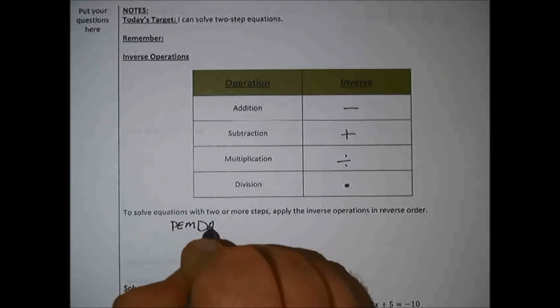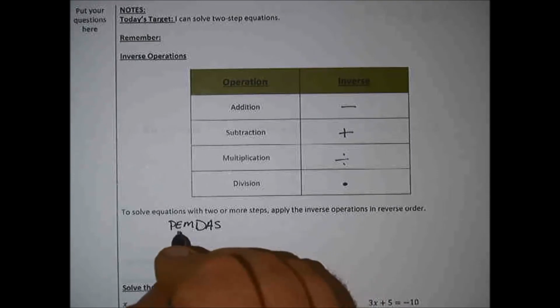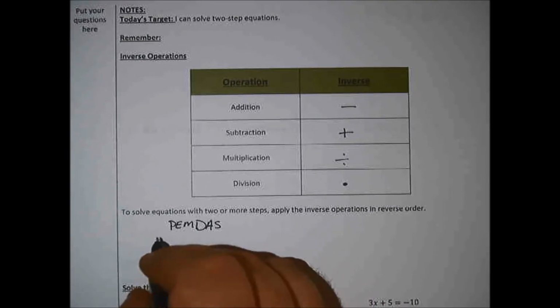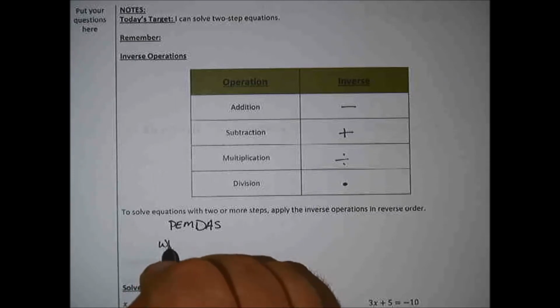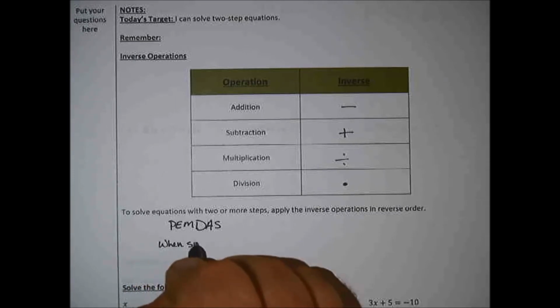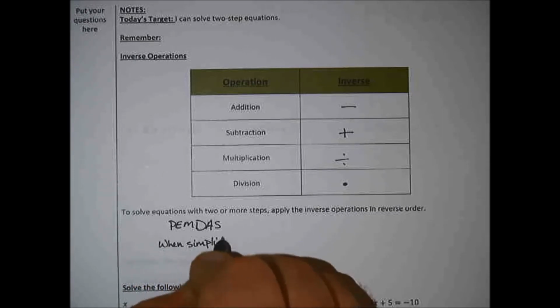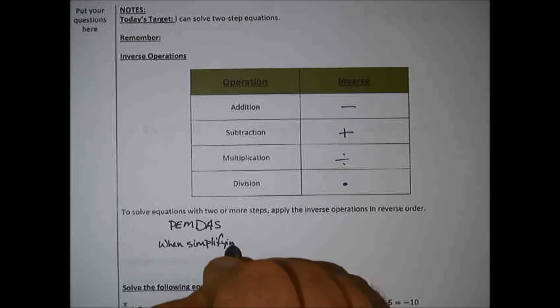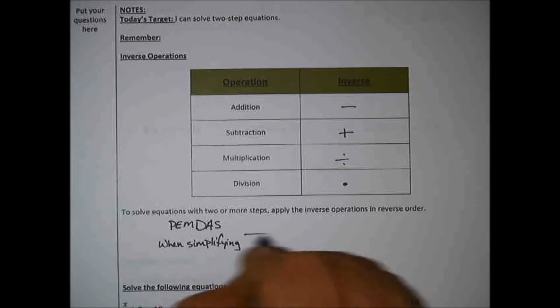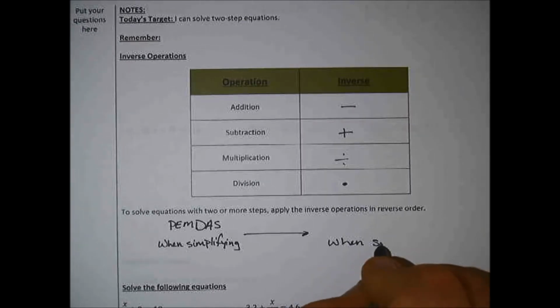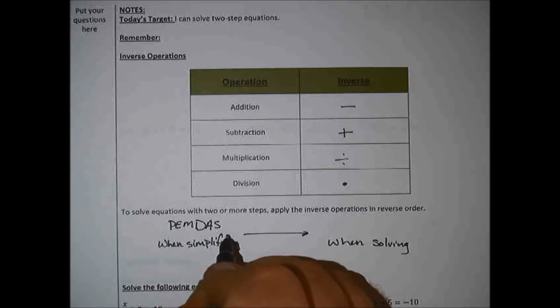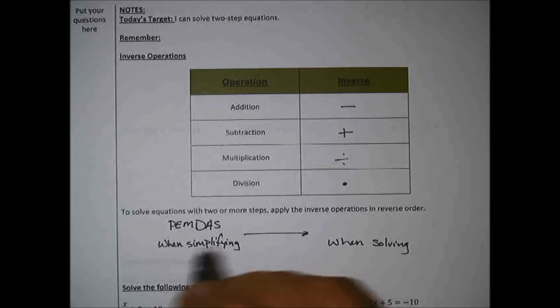PEMDAS. Okay, and so this is just when you're looking for when you're simplifying, or evaluating, or anything like that. So we use PEMDAS when we're simplifying, but when we're solving, we use this same order of operations, but we flip it on its side, or flip it over.